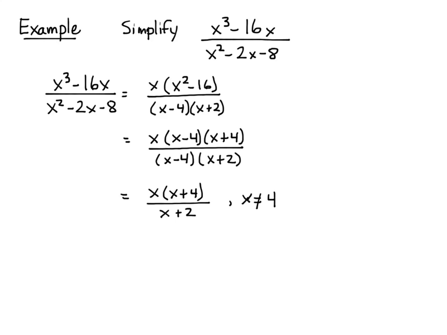Like if x equals 10, you got 6 over 6. But when I have x equals 4, then I have 0 over 0, and that doesn't work. So when I'm canceling out a factor, I have to make sure that that factor can't be 0, and so once it's 0, it falls off.